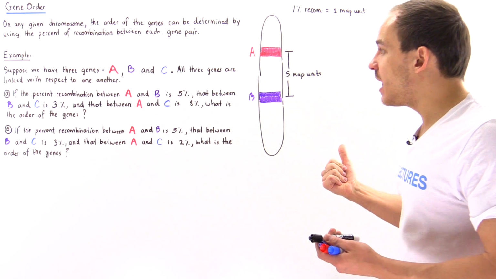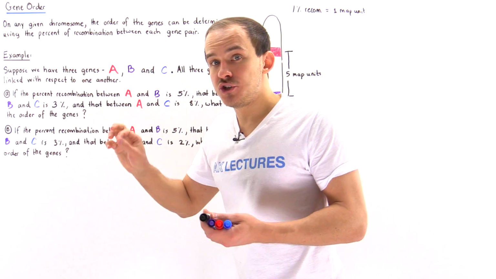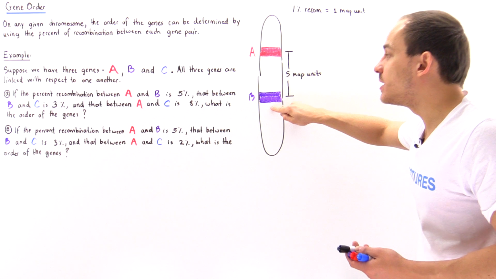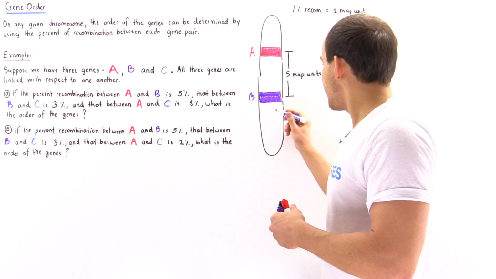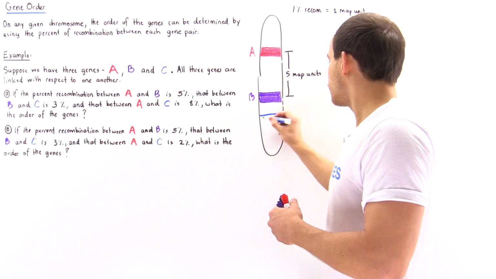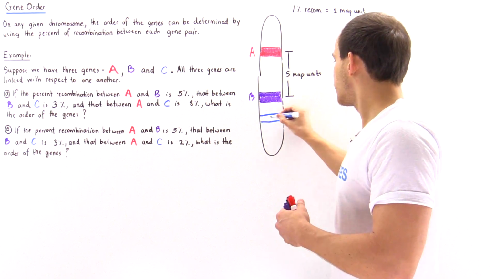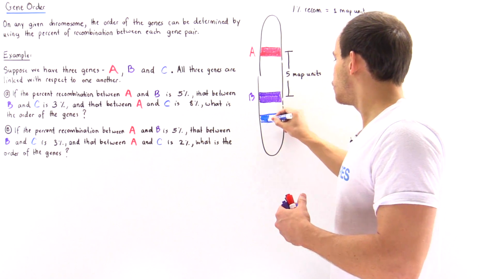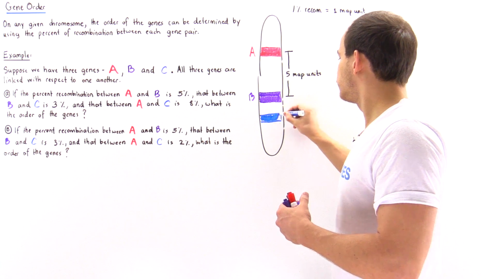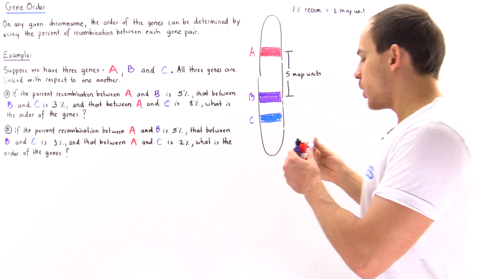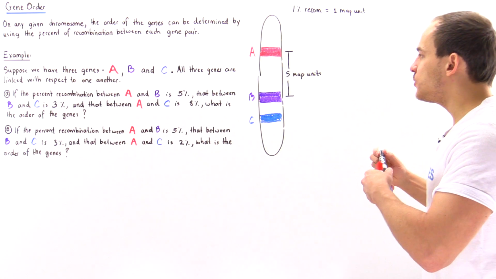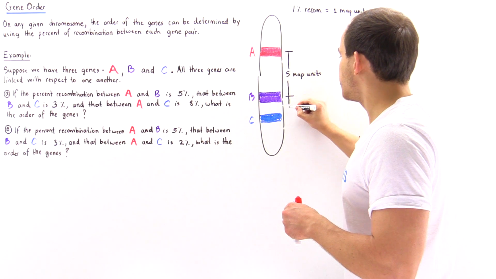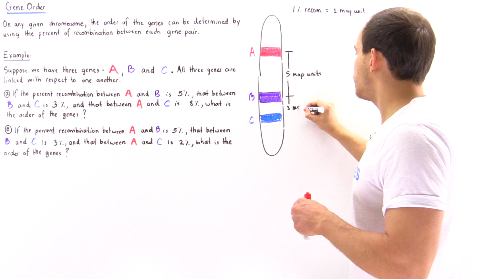What that implies is gene C must be placed below B. That will work out because as we place it right over here, so this is our gene C, we know that the distance is 3%, so 3 map units, and that means this distance right over here is 3 map units.